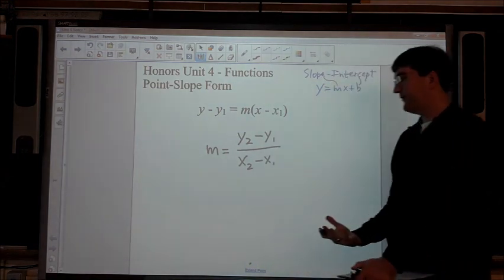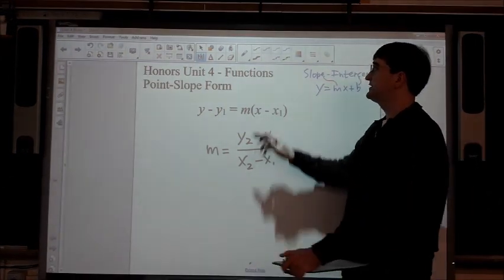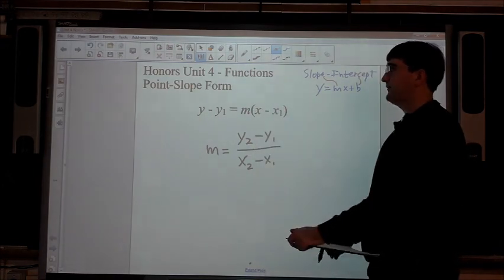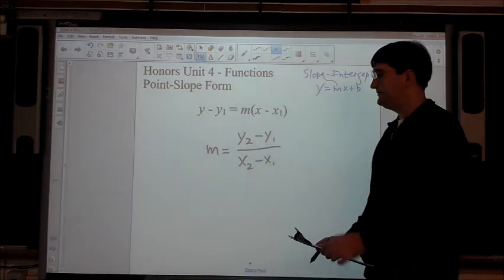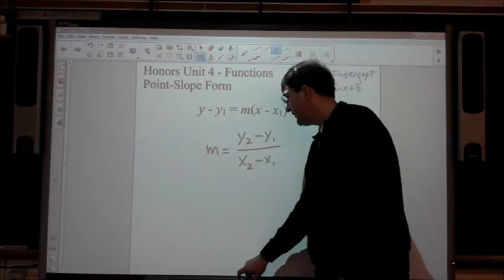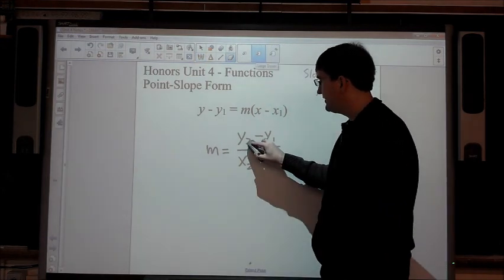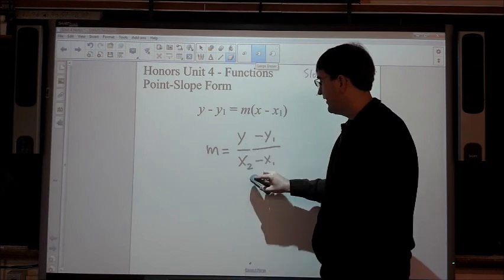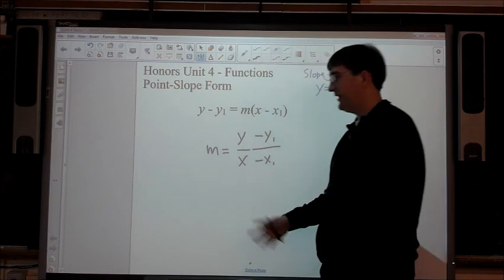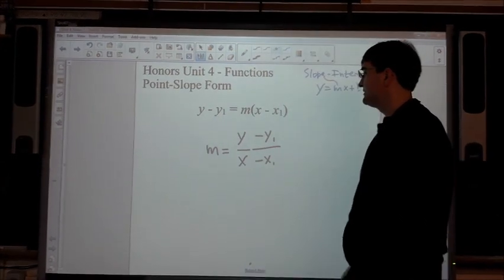And if you haven't talked about this in class, you've probably seen it in your textbook at least. Well, when I have a point slope form, I only have one point, and so we'll say that it's y1 and x1. And so this y2 here, I'm going to make that go away. And the x2, I'm going to make that go away. So I'm just talking about x and y in a general sense.